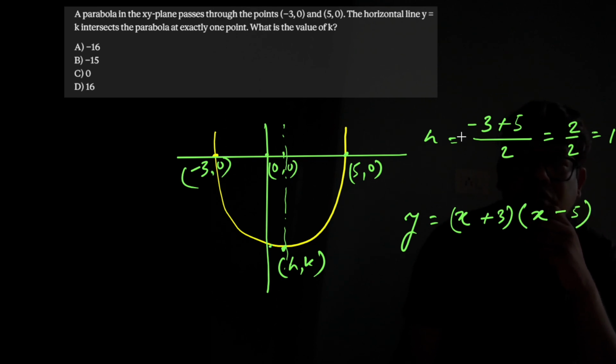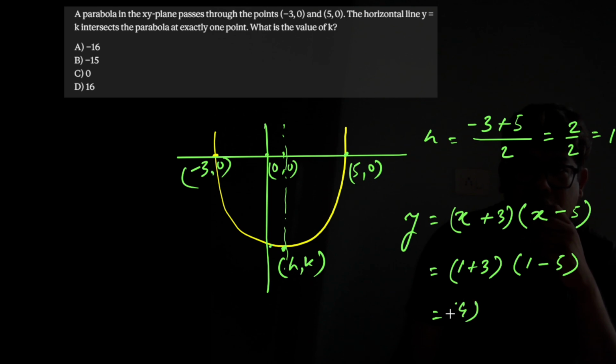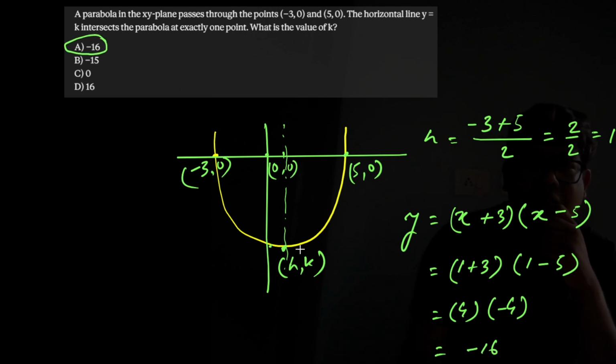Now let me input the value of h, which is 1, into this equation, and let us try to find the value of k. So consider x to be 1. I can write 1 plus 3 multiplied with 1 minus 5. So what's it going to give? 1 plus 3 is 4 multiplied by negative 4. So that will give me minus 16. So minus 16, that is A, will be our answer. That is the value of k.